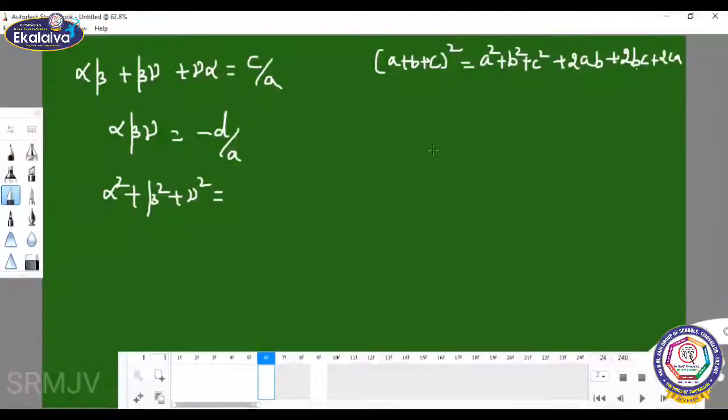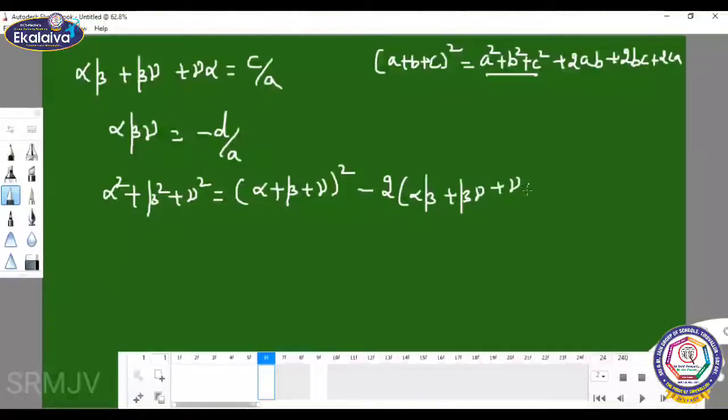The same way, alpha square plus beta square plus gamma square equal to alpha plus beta plus gamma the whole square minus 2 into alpha beta plus beta gamma plus gamma alpha.